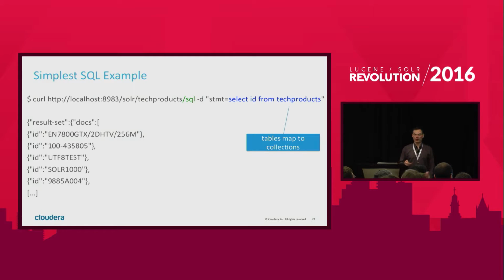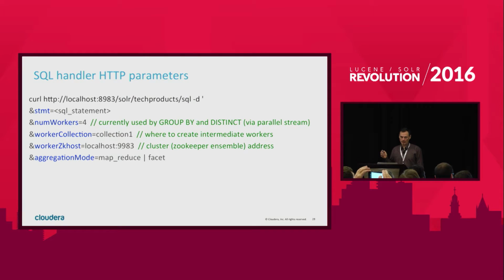So the simplest SQL example: we hit our SQL REST endpoint, and we give it the statement select ID from tech products, and it just works. We also have some additional parameters that you can pass in addition to statement. We have numWorkers, which is this auto-parallelization feature.